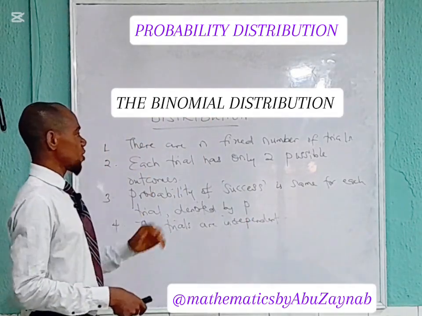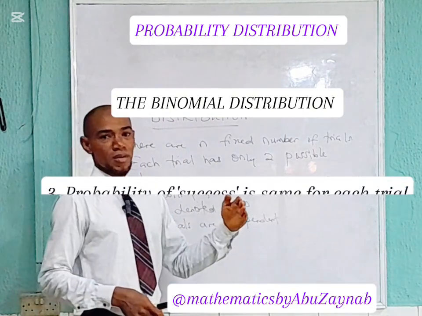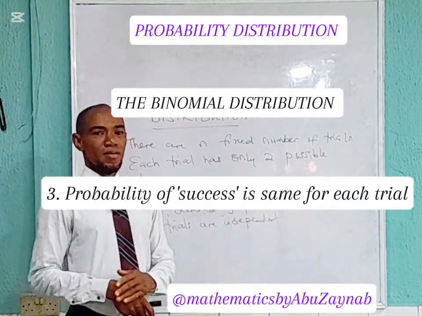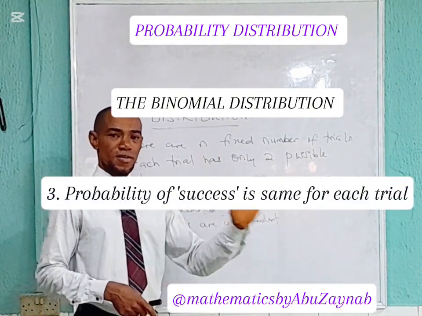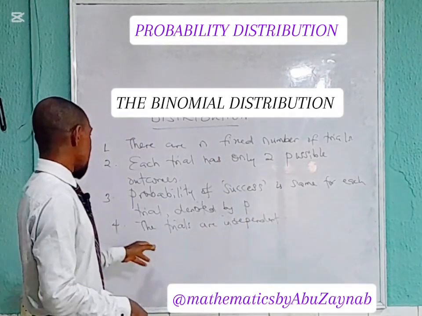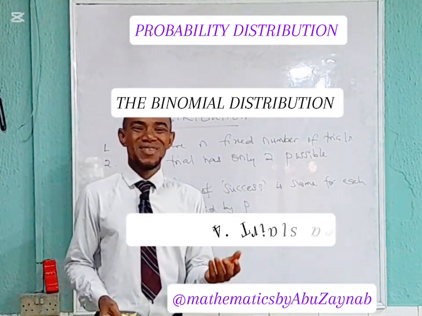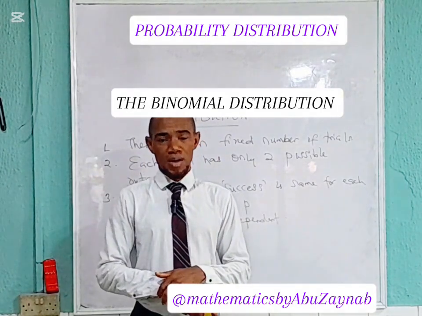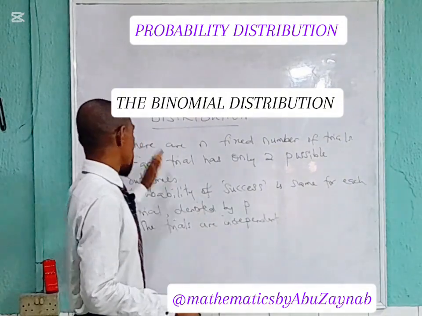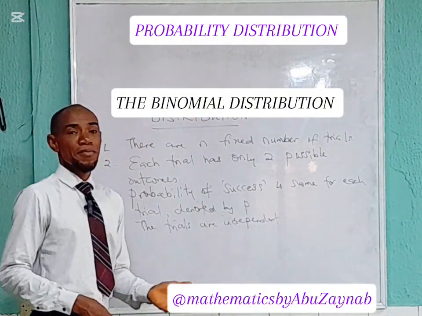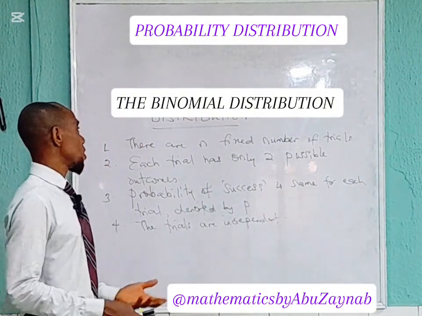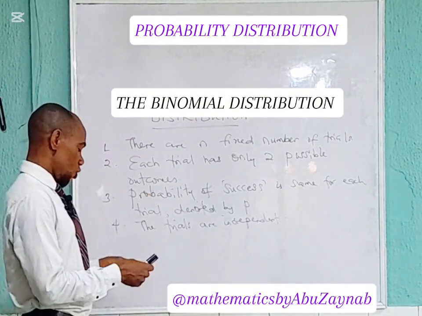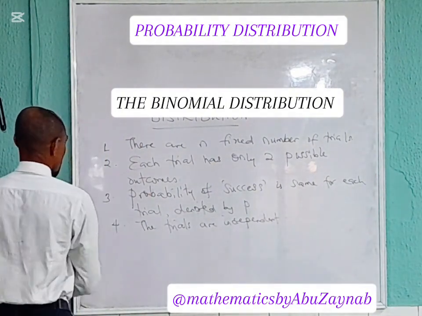The probability of success in each case is the same all through. For all the n trials, each has the same probability of success and failure as the case might be. And lastly, the trials are independent. That means the outcome of one trial doesn't have any effect on the other outcome. So if these four properties are met in a particular random variable, we describe such a random variable as having the binomial distribution.